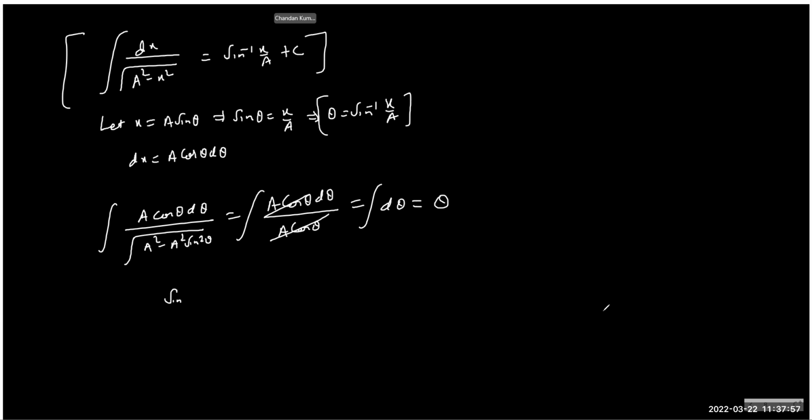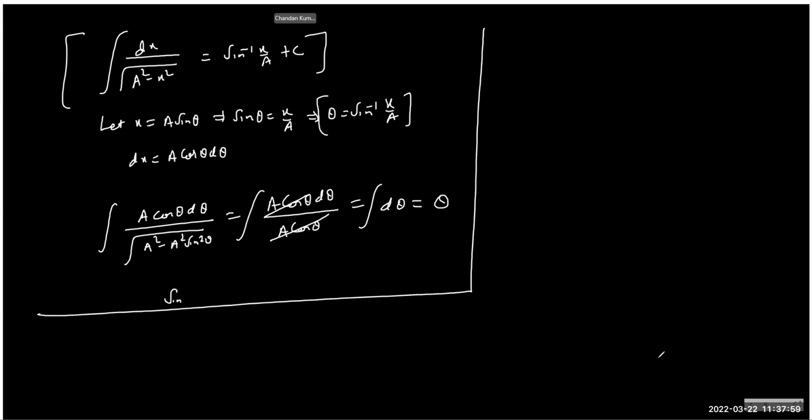Now I will not write anything on this page. I'll go to the next page. So we can write the integration of dx upon root of a square minus x square from x naught to x is omega dt from 0 to t.